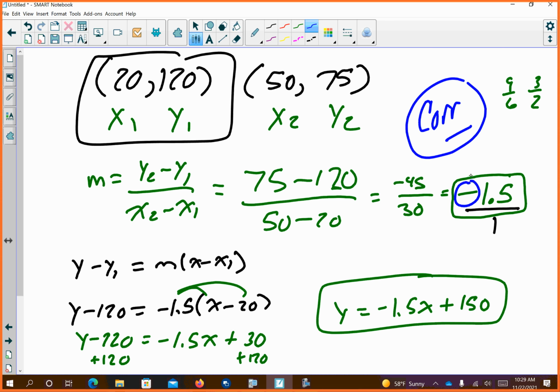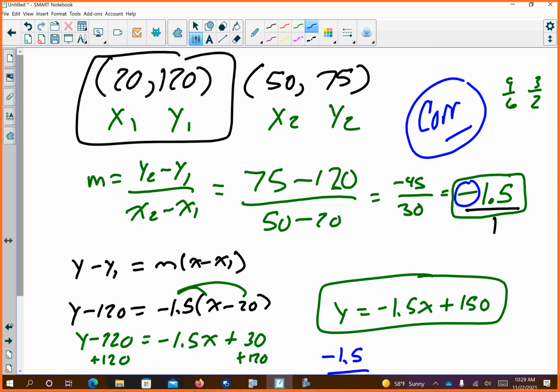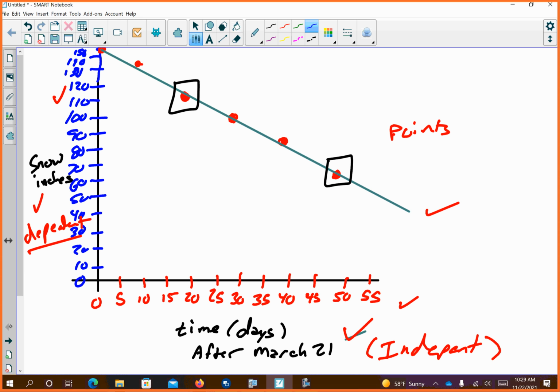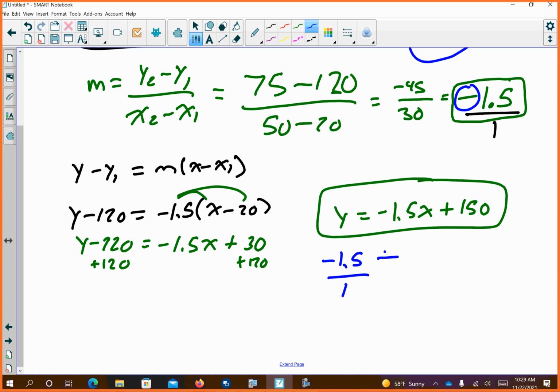Okay? Let's apply. What is the slope? We have that. What does the slope mean in the context of this problem? Well, being that we switch this to this, I know that this is the y-axis, and the y-axis we said was snow in inches. And this is days.